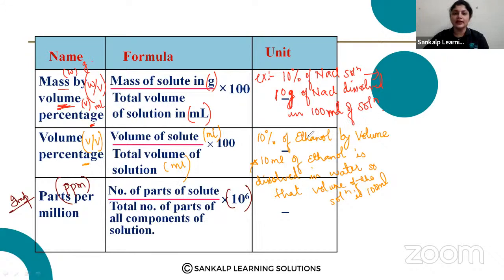Because in the air as well as water, there are different pollutants present in very minute quantity, so we use ppm. ppm is expressed in microgram per ml. So this is about parts per million.